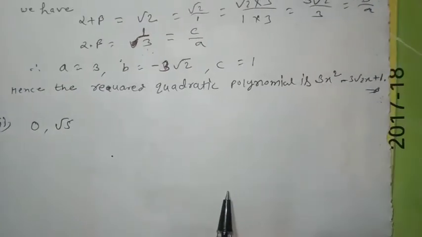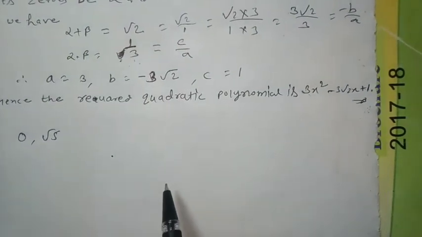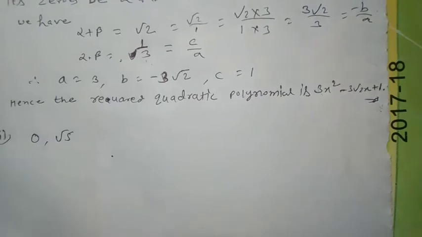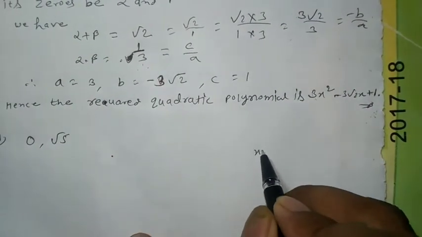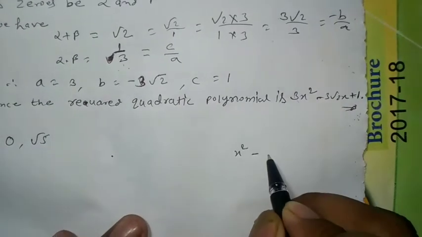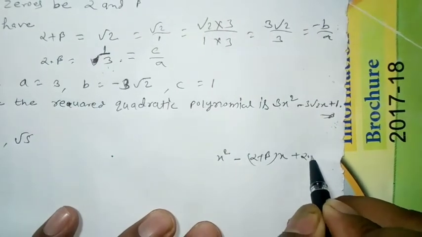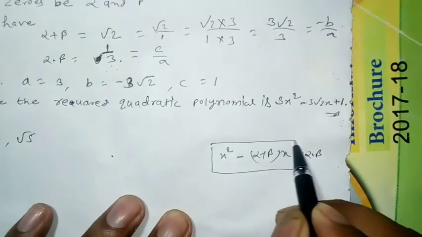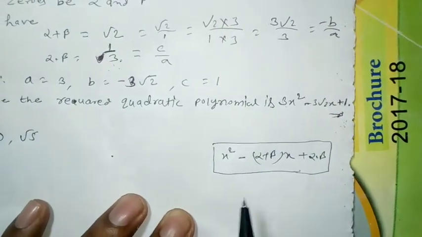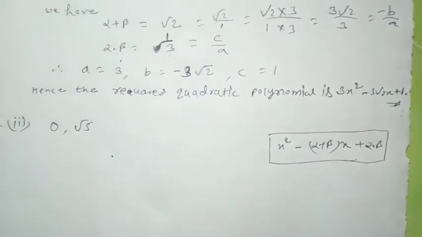If you know the zeros, then the formula of the quadratic polynomial is x square minus (alpha plus beta) into x plus alpha into beta. This is the formula for finding a quadratic polynomial if you know alpha plus beta and alpha into beta. So now here I am applying this formula.